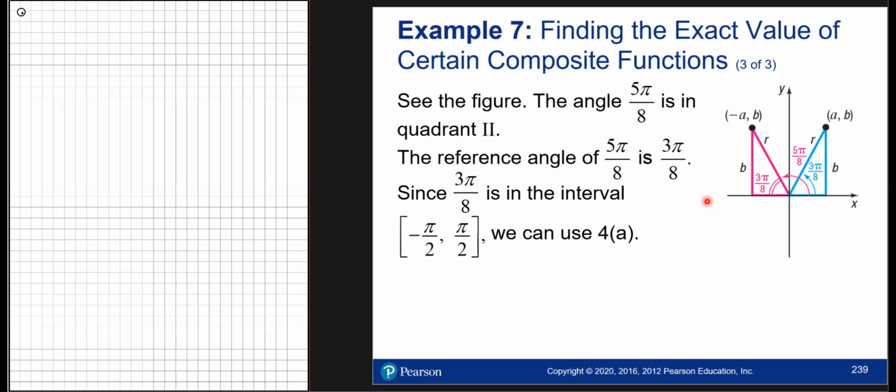So, pi over 15. The question is, is pi over 15 in this spread between 0 and pi?